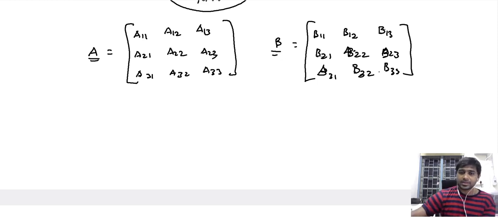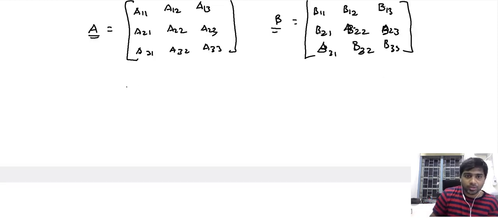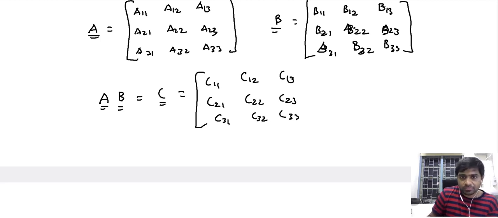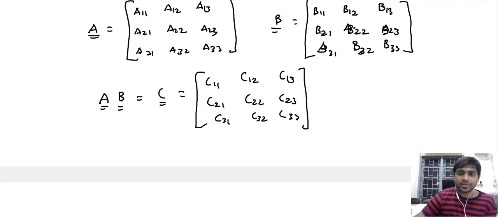Now let us say that the product of these 2 matrices, that is A matrix and B matrix, is equal to a C matrix that is represented by C11, C12, C13, C21, C22, C23, C31, C32 and C33.